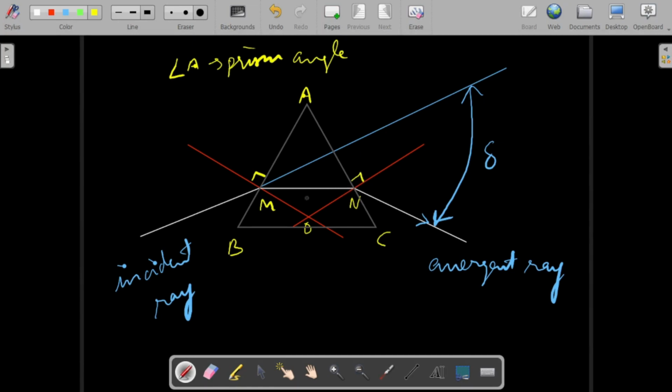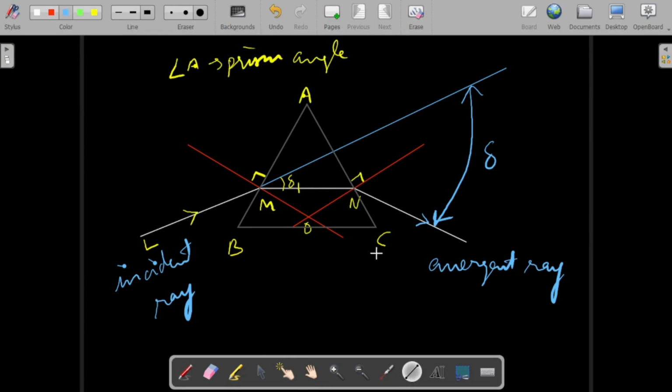Now see, the ray of light, let's say LM is the incident ray. It has to go through this blue line, but it has followed this MN path. So it has deviated at this point M, and I'll consider it as deviation angle 1, delta 1. Now, following this MN path, if the medium was the same, that is the denser medium itself, then this ray would have followed this path only.